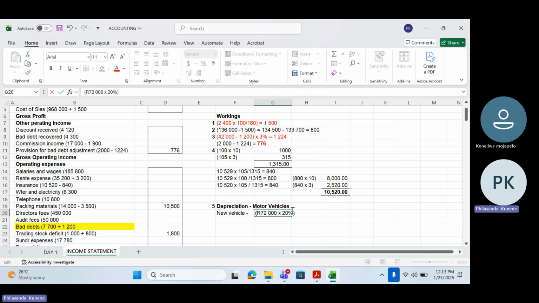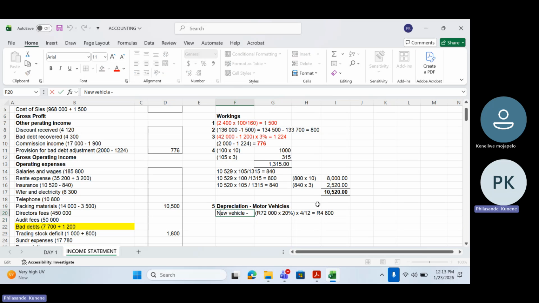This is 72,000 times 20%, and then multiply by 4/12. So how much am I going to get? 4,800. Okay, so this is going to be the depreciation for the new vehicle that was purchased.